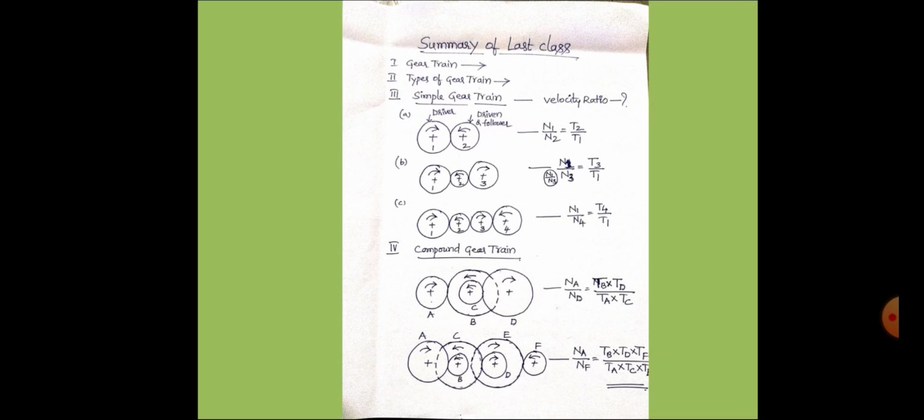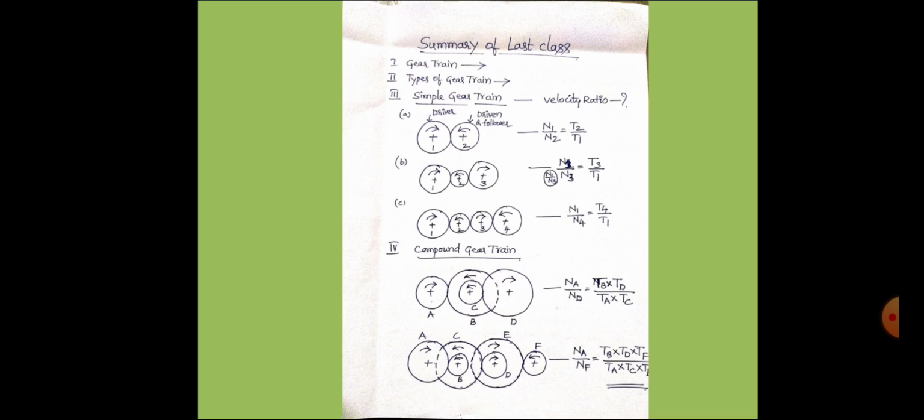Then when B rotates, as the gear C is also mounted on the same shaft, gear C also rotates in the same direction with the same speed, and that gear C drives the gear D. So in this compound gear train there are two drivers.